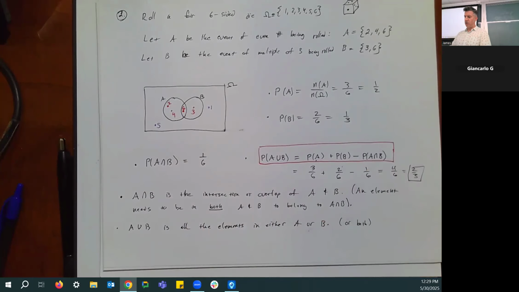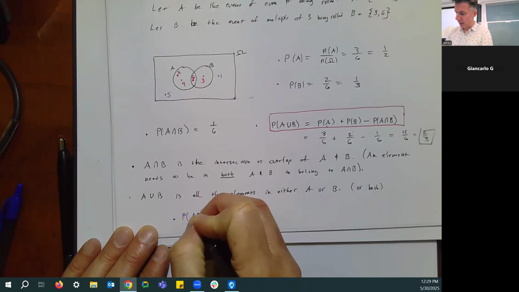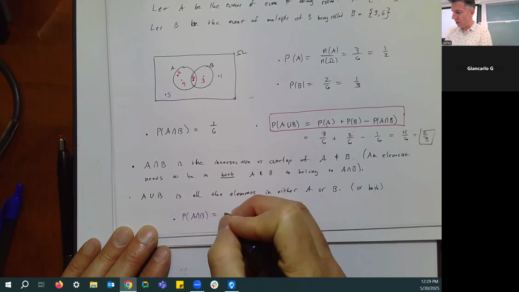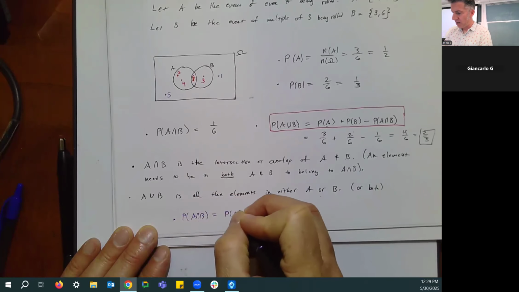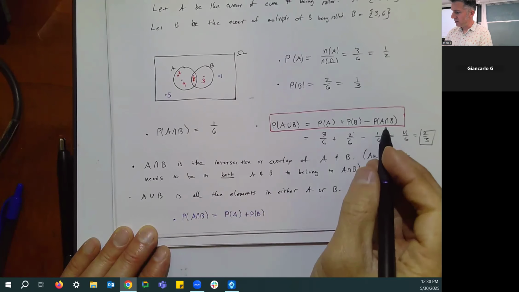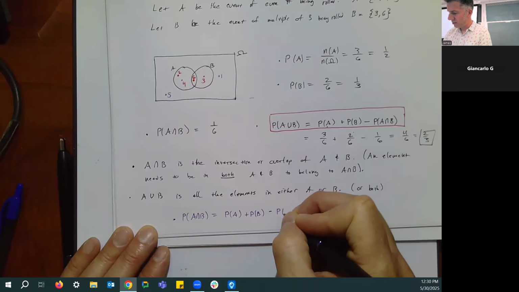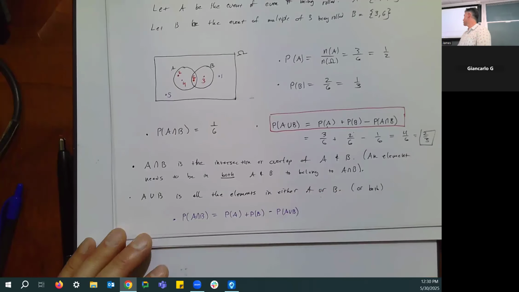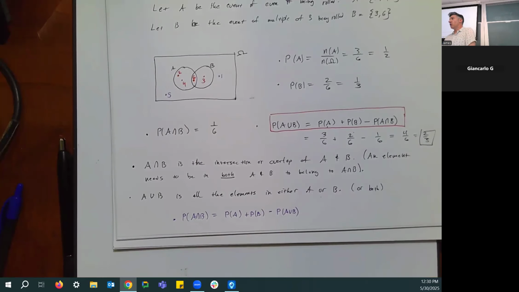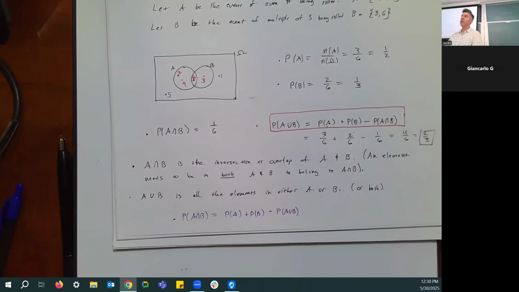Although it's not typically done, you could say the probability of A intersect B is equal to the probability of A plus the probability of B, minus the probability of A union B. But we don't usually. But you could, right? I'm just taking that equation and subtracting this over there and adding that over there.